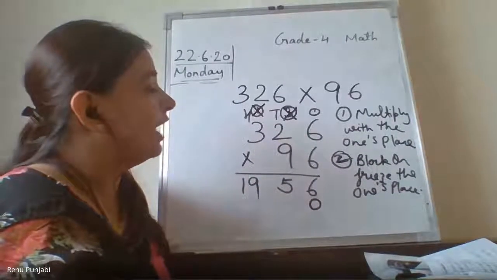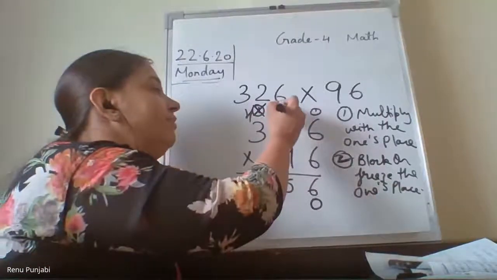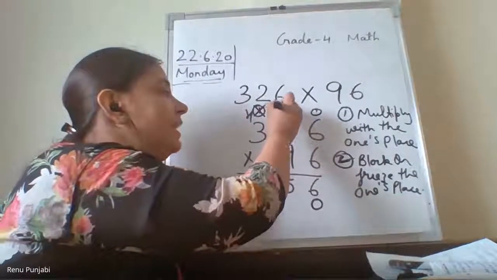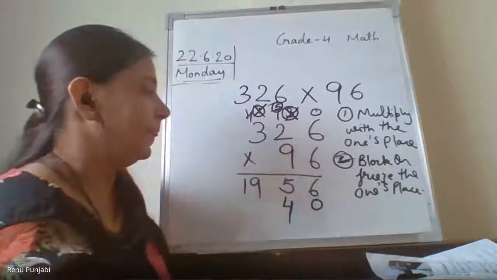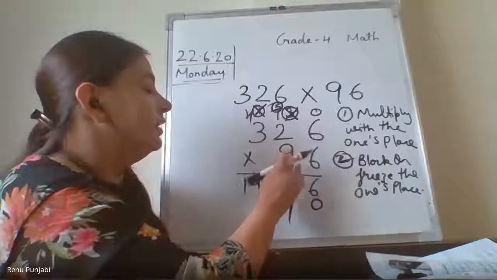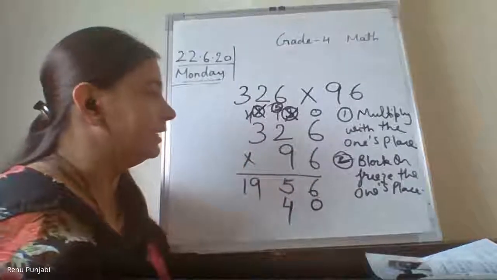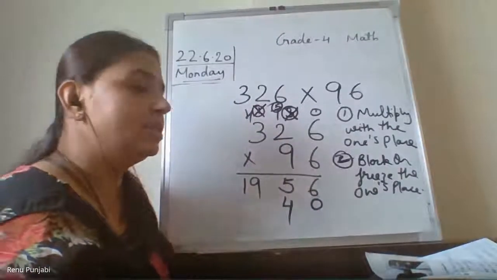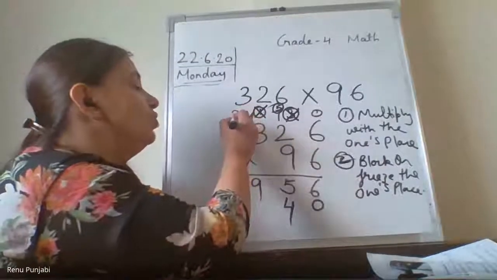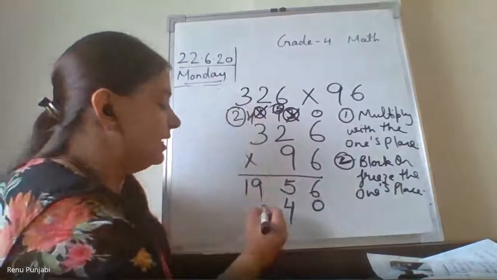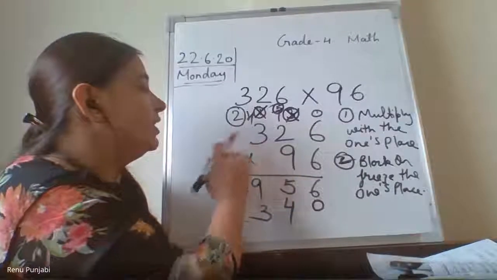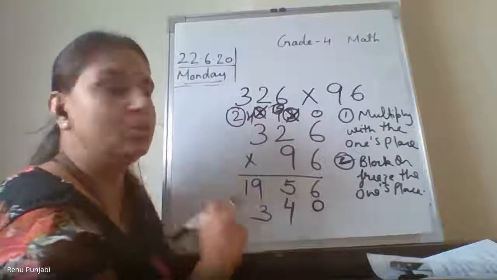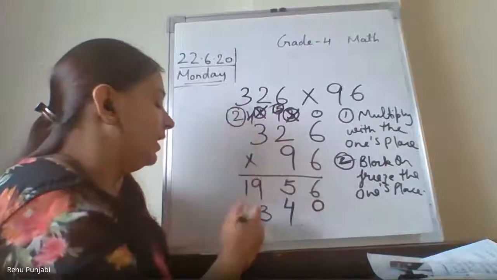Now where will the 5 go? 5 will go here at the tens place and the 4 will come here. 9 twos are 18 plus 5 is 23. So 2 will go here at the hundreds place and 3 will come here. 9 threes are 27 plus 2, 29.